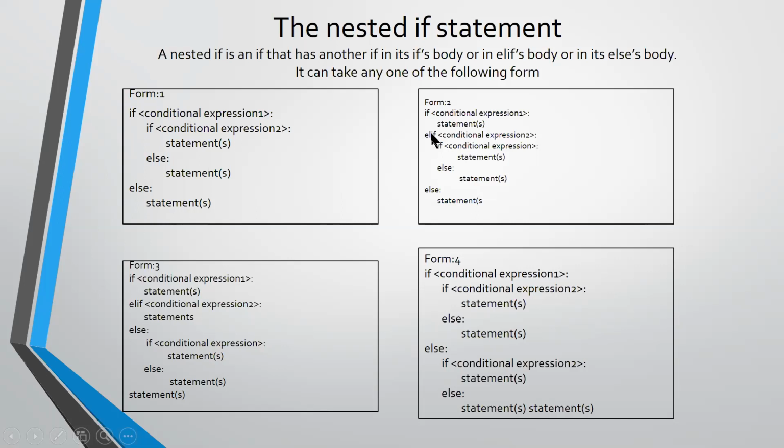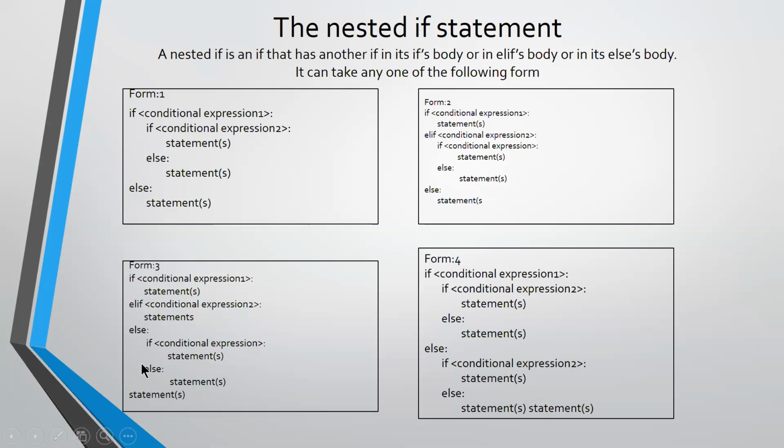So look here, another form of if. Here I'm having an if condition. In the elif I'm having another condition. In the elif you can have another if else control structure, and in the elif you can also have your else part. Here in the else part I'm having another if else control structure.